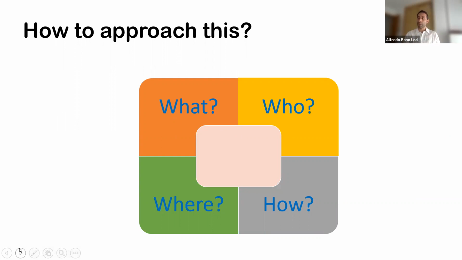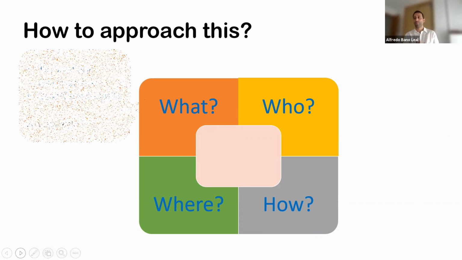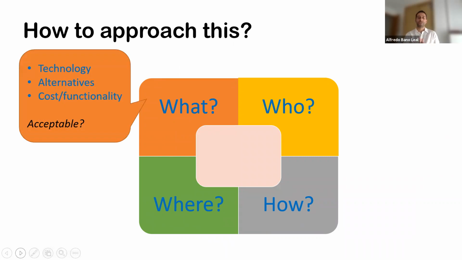So we're going to be thinking about the what first. So click again, Jackie, please. So the what is, which technology are we going to be using? What are the alternatives in the market? Usually the traditional alternatives of having this traditional firewood hole on the ground, or some of these old biomass stoves which produce a lot of smoke.